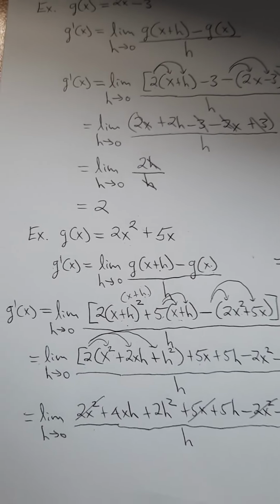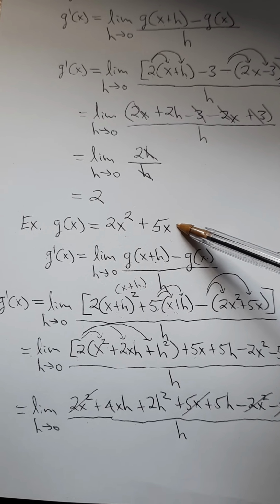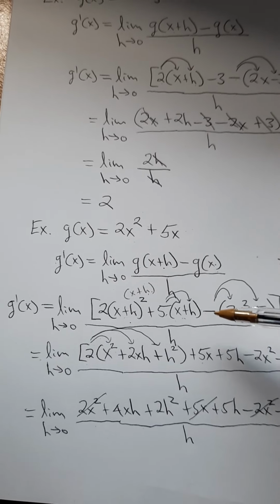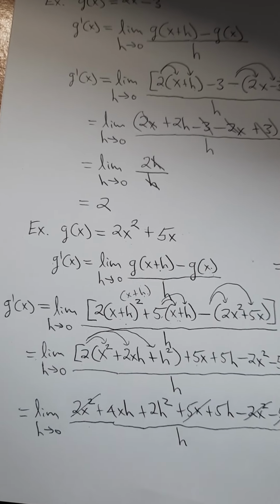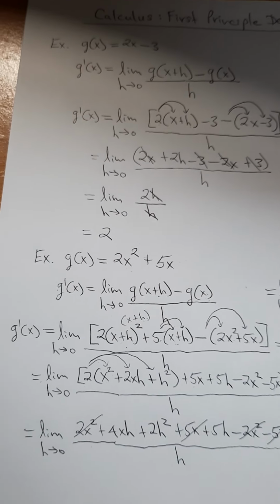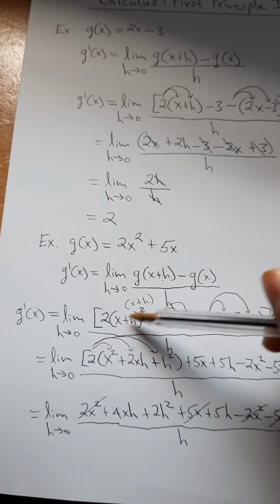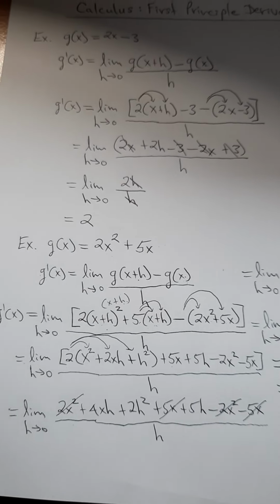Don't worry about how the expression looks. The expression can be as complicated as you want. When you use the first principle derivatives here, you have to just substitute into the expression and then expand it out. And here, this is a quadratic expression, so make sure you are foiling out this expression here to see what cancels out.